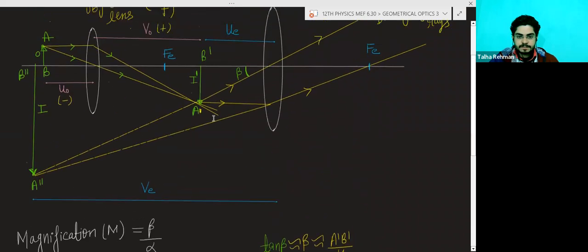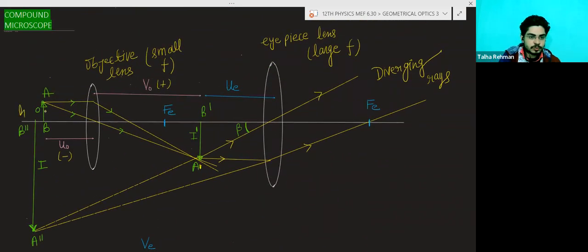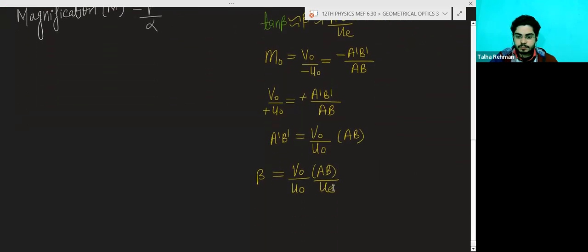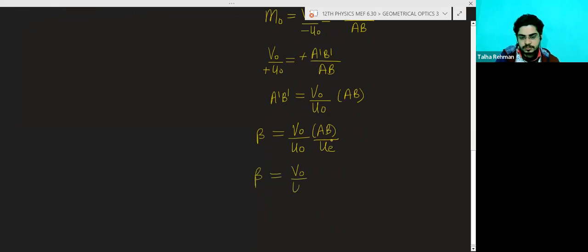And what is ab? ab is the height of the object, so instead of ab put h naught. So beta is equal to v naught by u naught multiplied by h naught divided by ue.